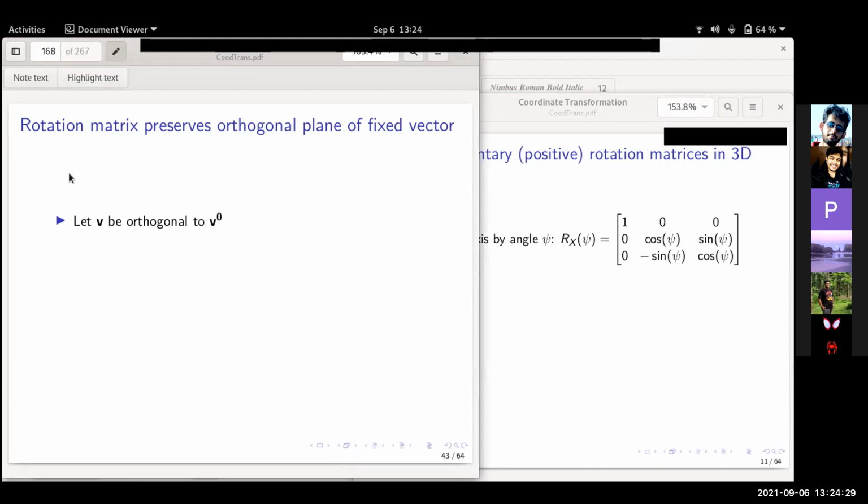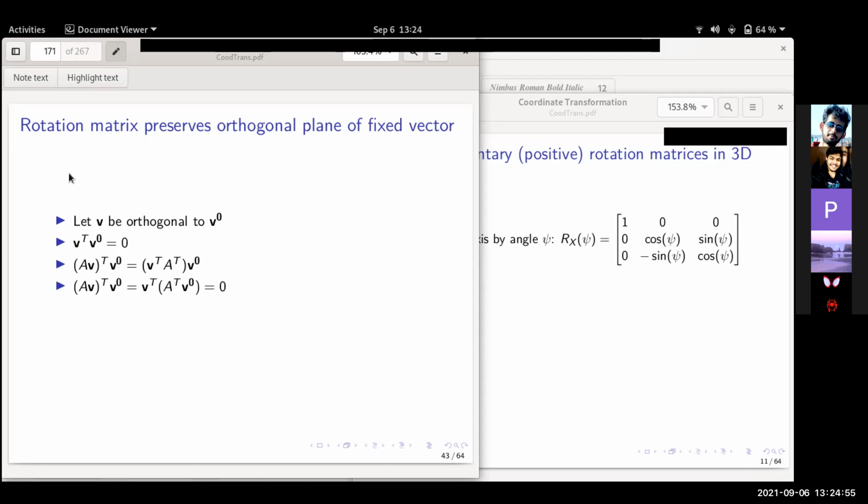Suppose you have a vector V which is orthogonal to V0. That is, it is lying in the plane orthogonal to V0, which means V transpose V0 is 0. Now, if you rotate this vector by this rotation matrix, (AV) transpose V0 is equal to V transpose A transpose V0. By associativity, you can express it like this, that is A transpose V0.